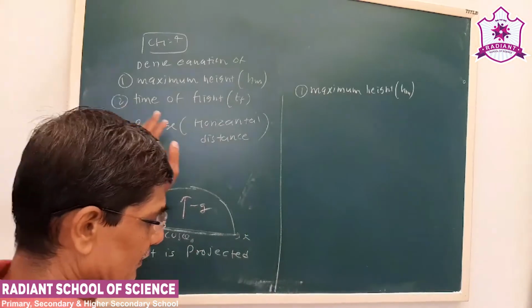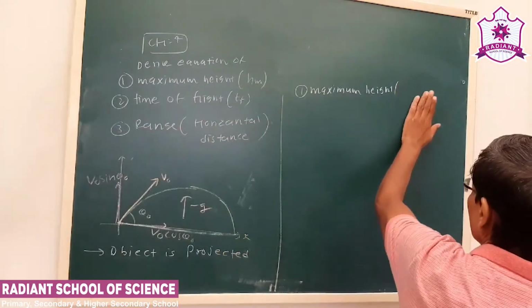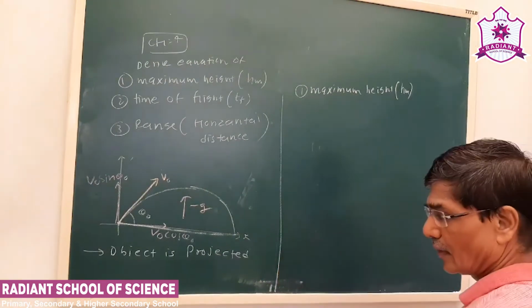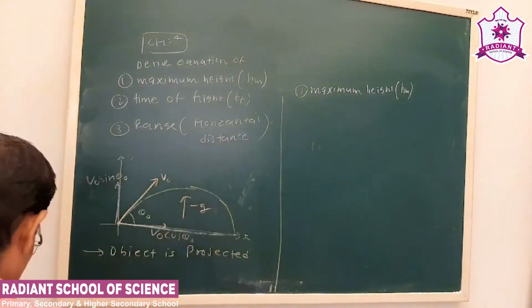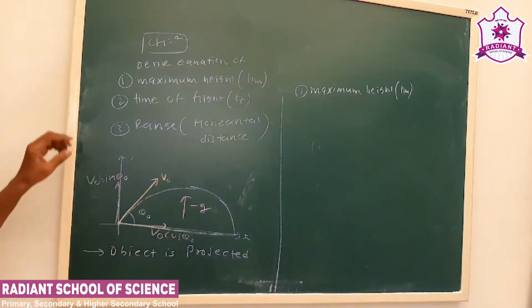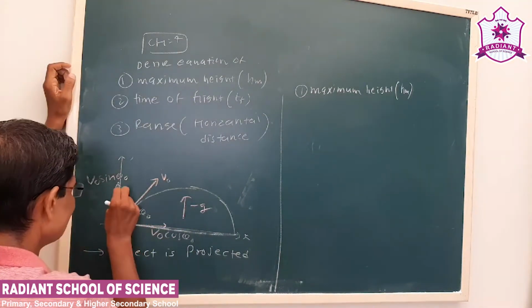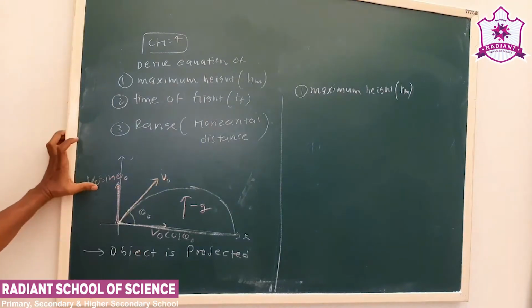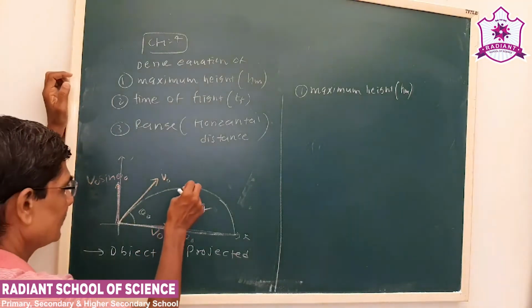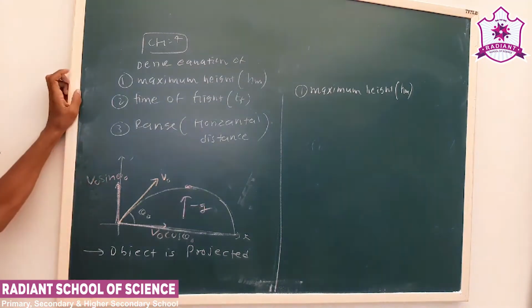Now see, these are the terminology accepted in the textbook, so that's why we will use them. This is a motion with a constant vertical acceleration. This is the y component of the initial velocity. See what happens here. This is the maximum height.